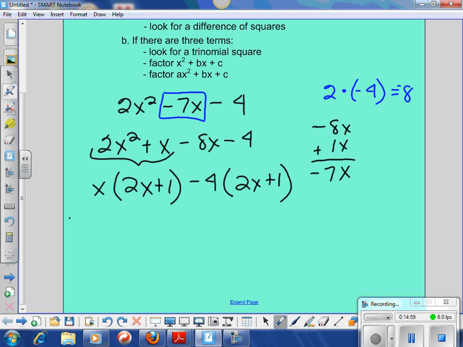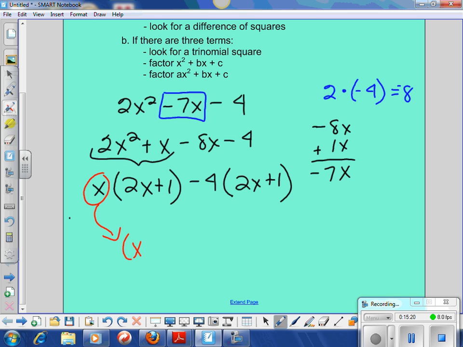Now, if you don't remember your 4 terms, which we'll go to in a minute, you take your first term here, because it's being multiplied by everything in this parentheses, 2x plus 1, and our parentheses are identical, you're going to take that and bring it down.